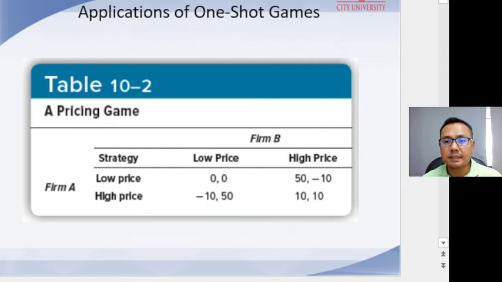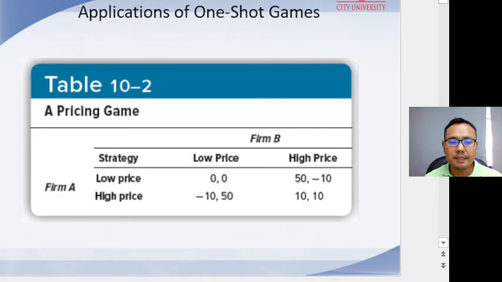The first number in each cell, like 0, 50, minus 10 and 10, represents firm A's profit, and the second number, like 0, minus 10, 50 and 10, represents firm B's profit.